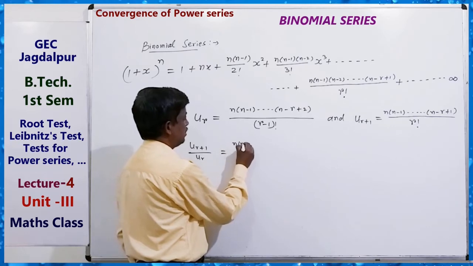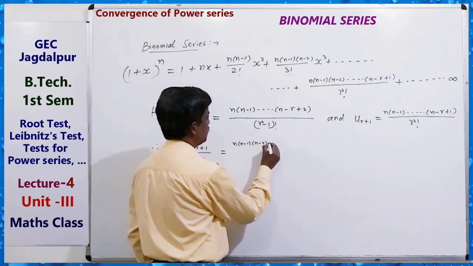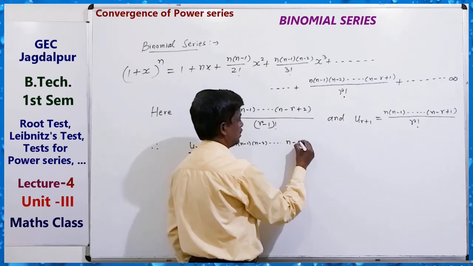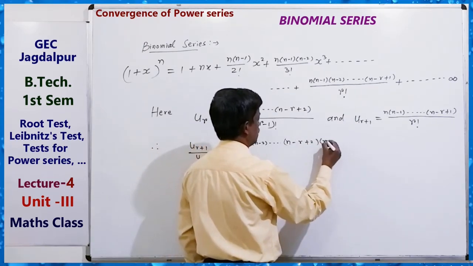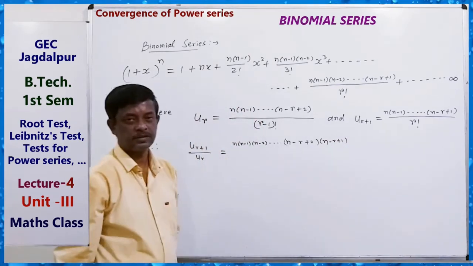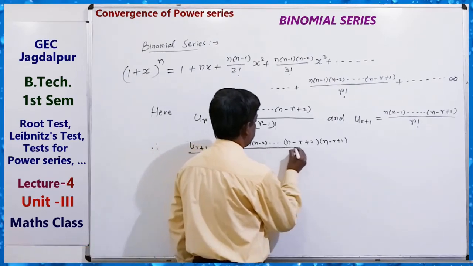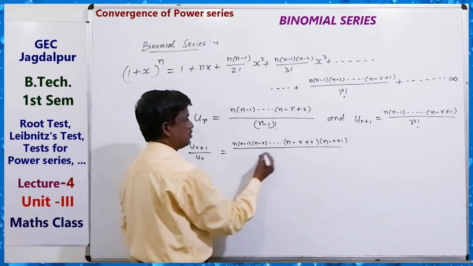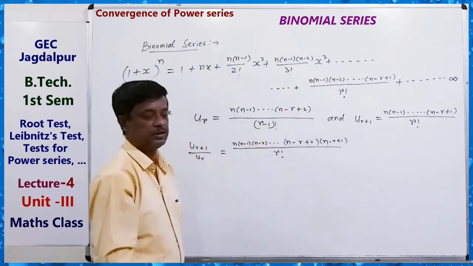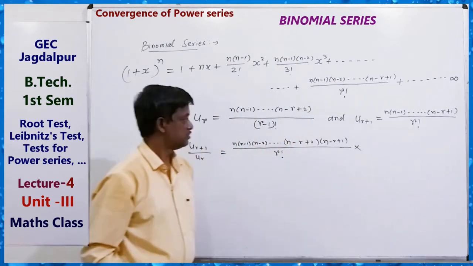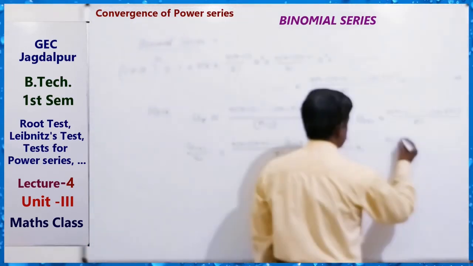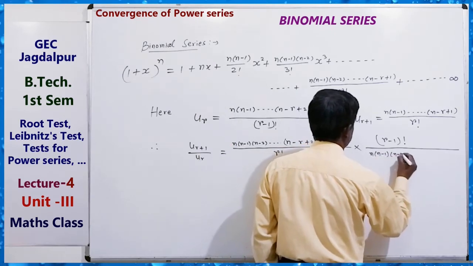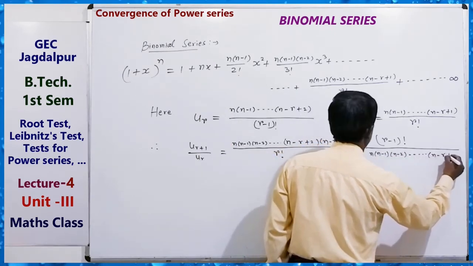Just write n minus 1, n minus 2 up to n minus r plus 2, n minus r plus 1 upon r factorial, into, in reverse order, r minus 1 factorial upon n minus 1, n minus 2 up to n minus r plus 2.